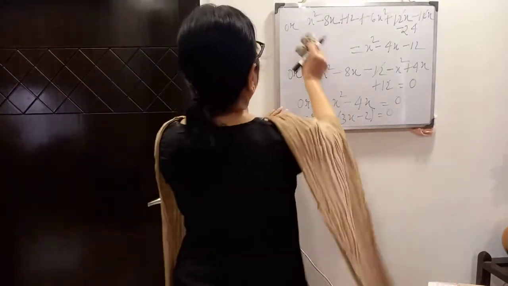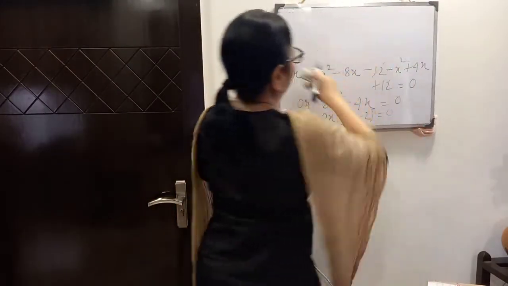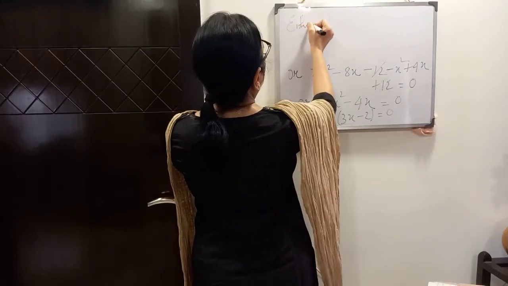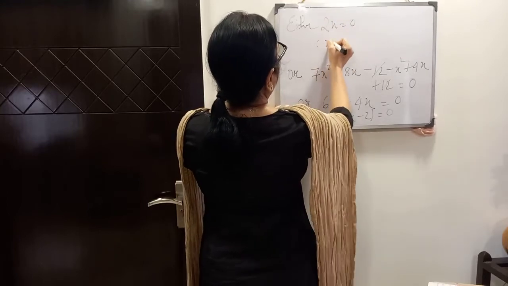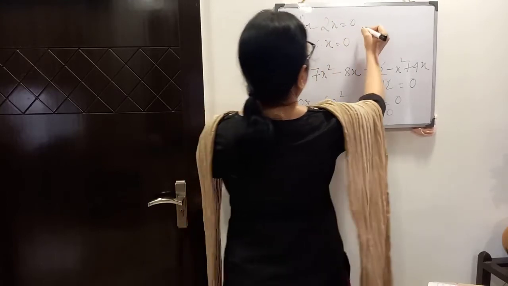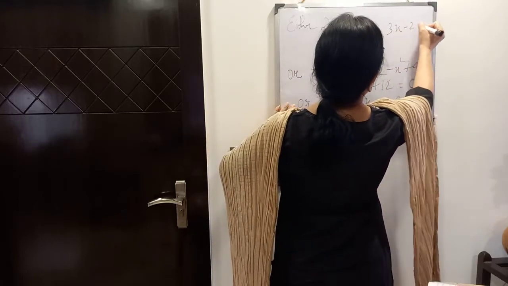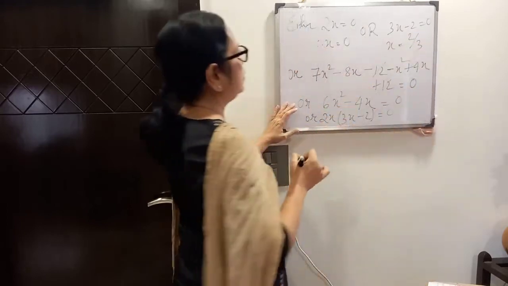So from here we can write either 2x equals to 0, that means x equal to 0, or 3x minus 2 equals to 0 means x equals to 2 by 3.